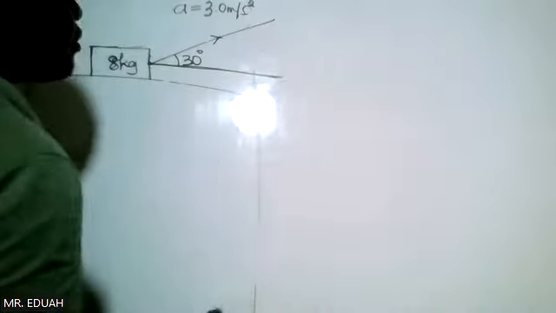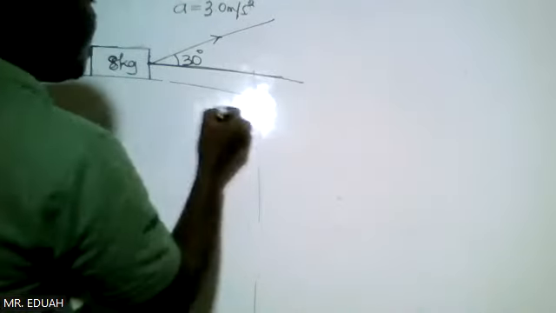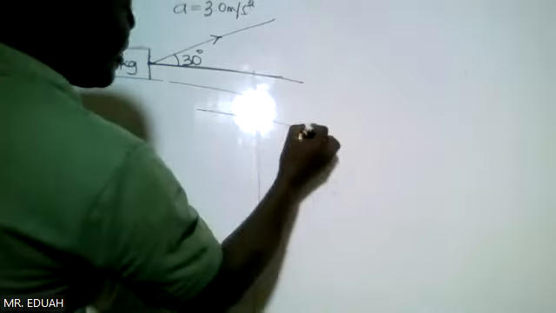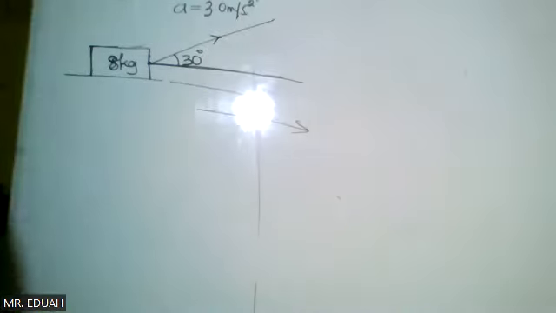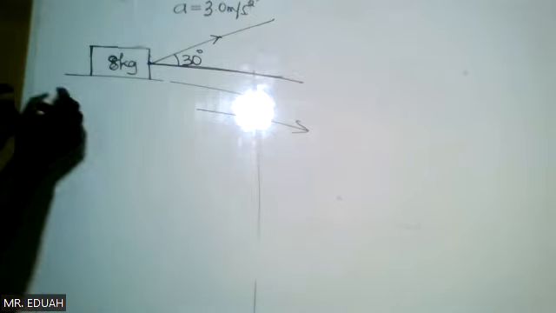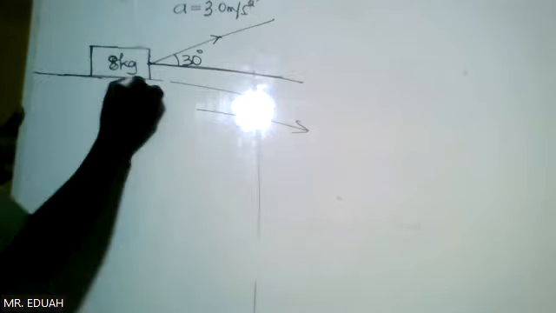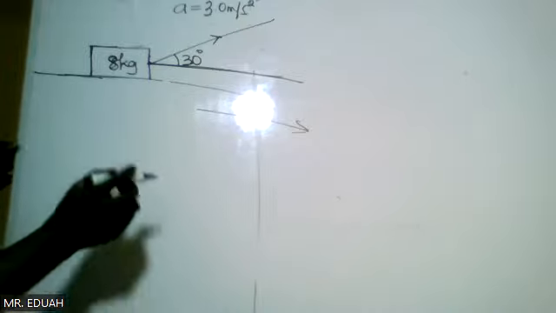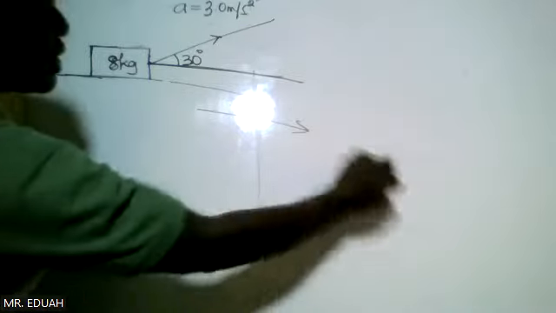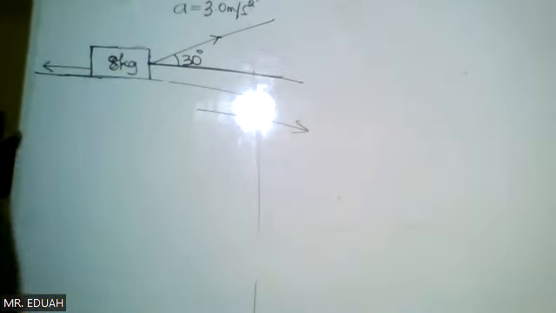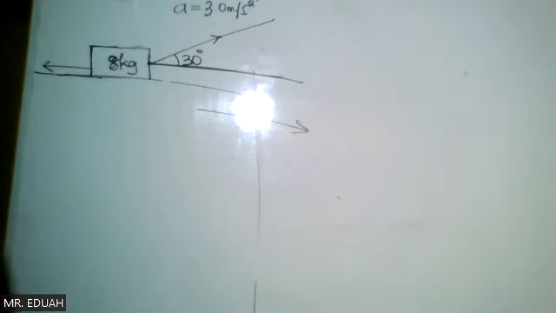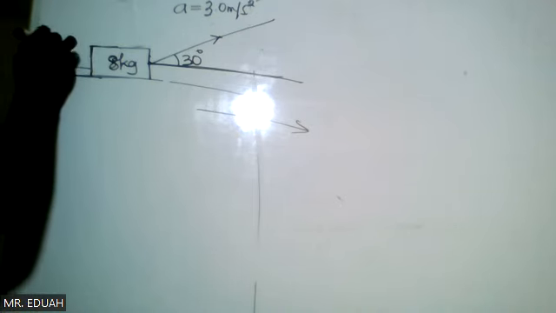So we are assuming that this body is being dragged horizontally in this direction, and so the acceleration is in this direction. Once it is being opposed by a resistance force, if the body is being pulled in this direction, the opposition will be in the opposite direction. It can be friction. The magnitude of this opposition is given as 40 Newton.